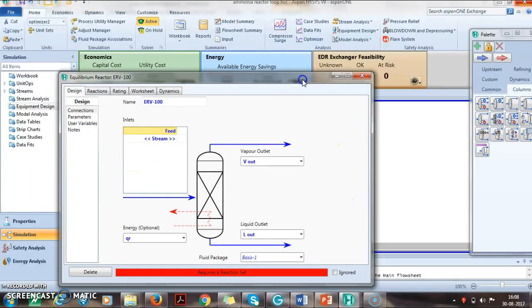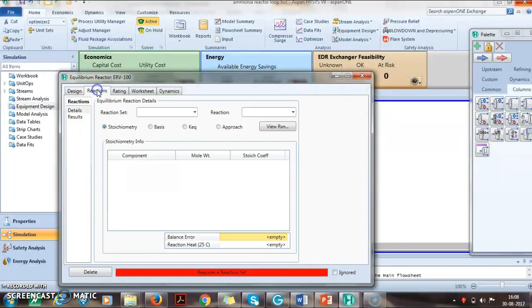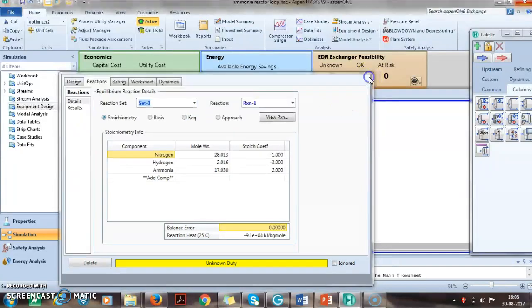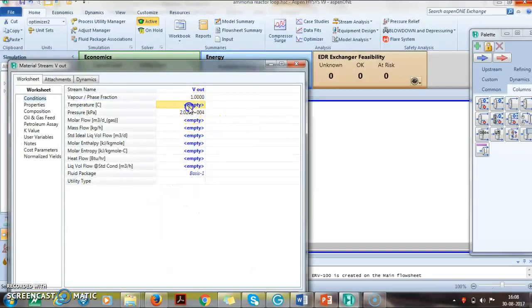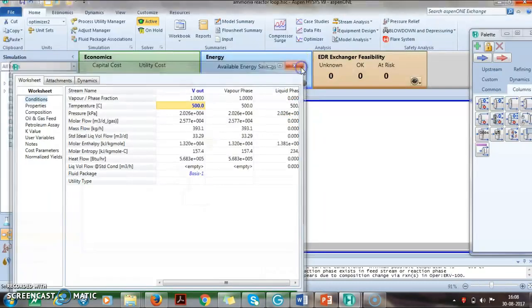Let us add the reaction set part. The reaction is added. The reaction takes place at 500 degrees Celsius, so we have to add the temperature, which is 500 Celsius, and your reaction is done.